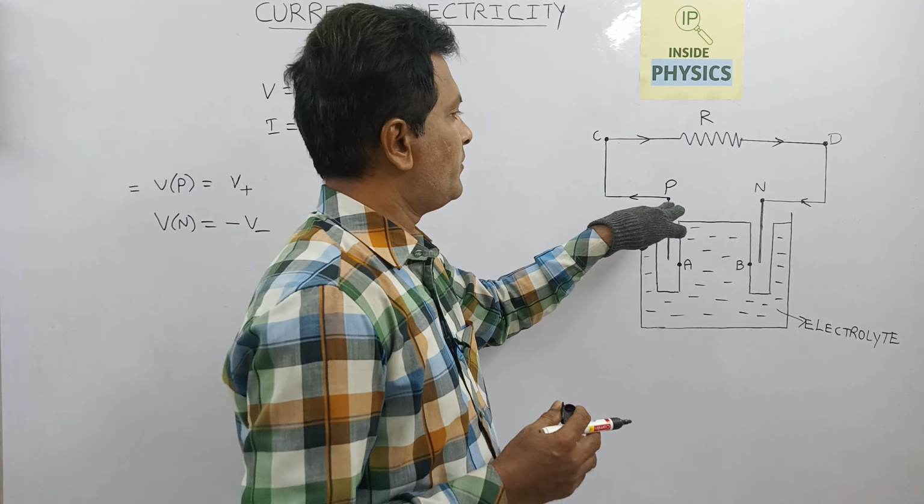Okay, and B is another point near the electrode which is lying in the electrolyte.